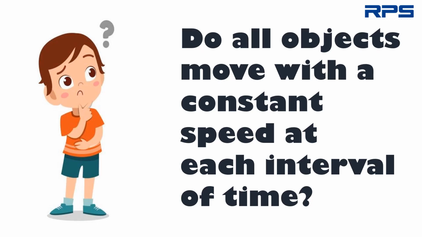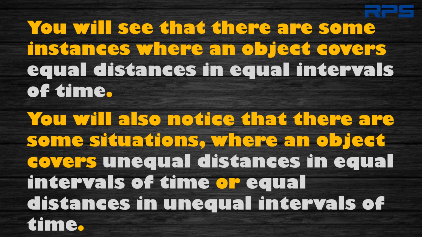Now let us try to answer this very simple question. Do all the objects move with a constant speed at each interval of time? You will see that there are some instances where an object covers equal distances in equal intervals of time.